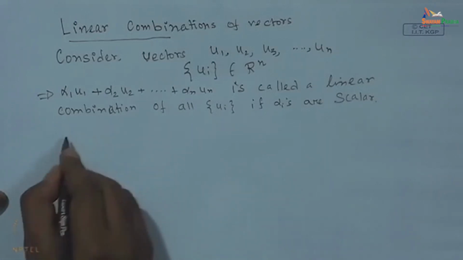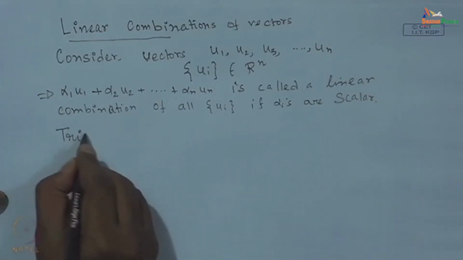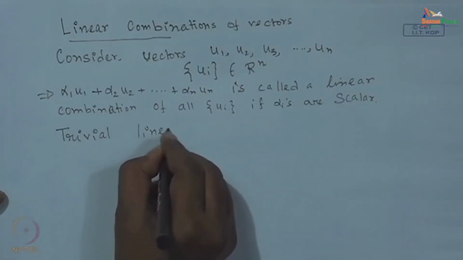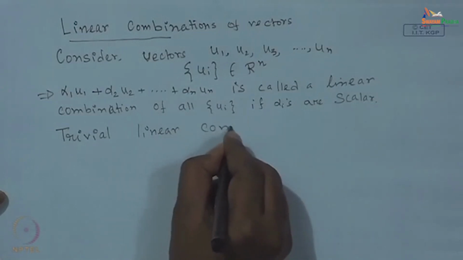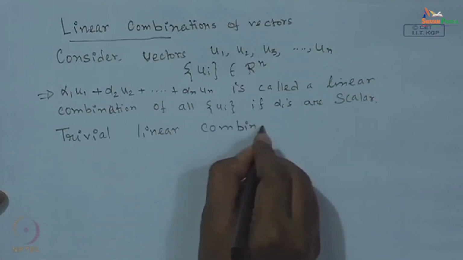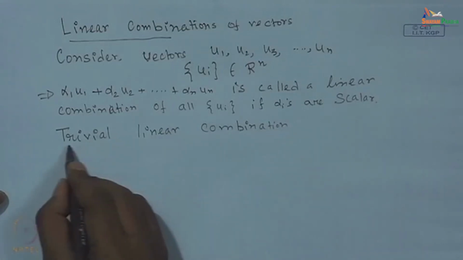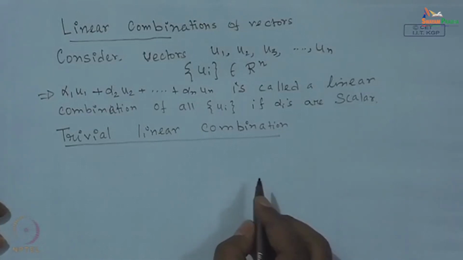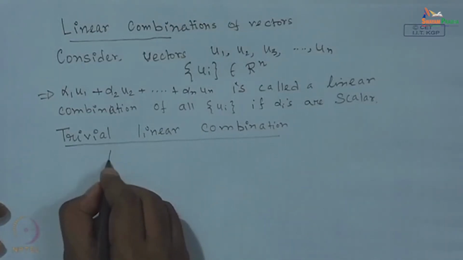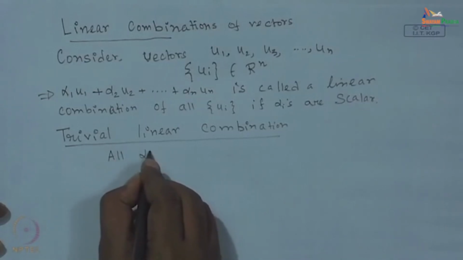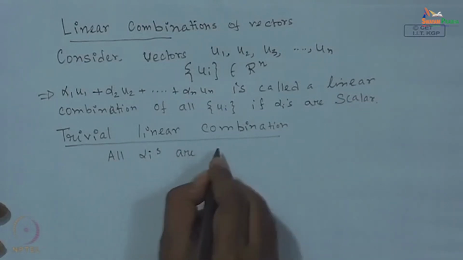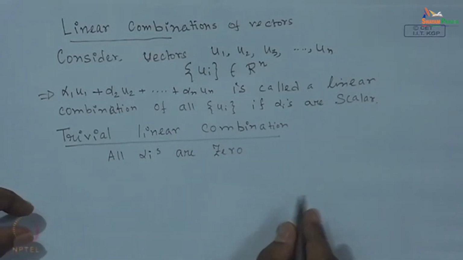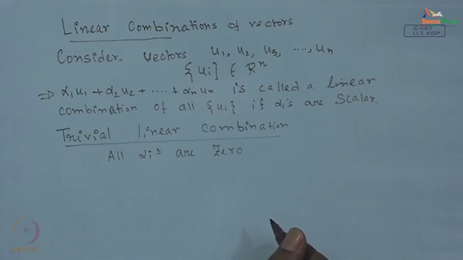Now, there is something called a trivial linear combination. We call that combination a trivial linear combination if all the alphas are 0.